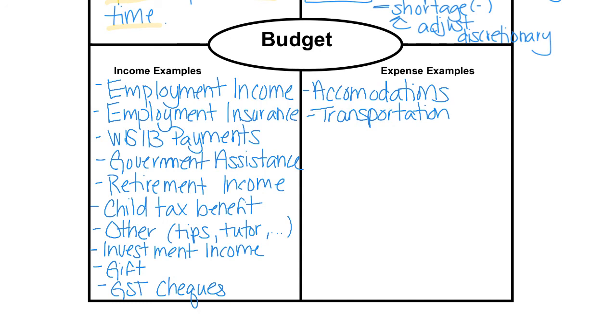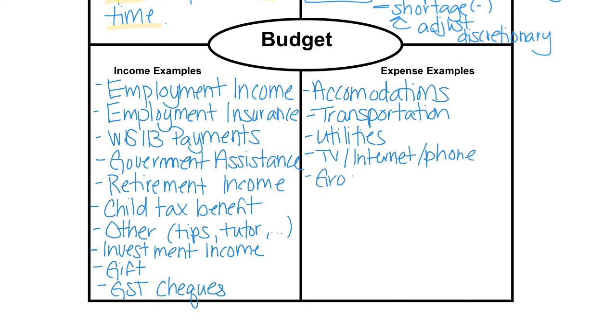Transportation, if you use a car, you'd have car payments, insurance, gas, right? If you use public transportation, you'd have your monthly pass. Maybe you use some Uber or taxi or Lyft in there as well, and you could budget for that. We would budget for utilities if they weren't included in our rent. We would budget for TV, internet, and phone.